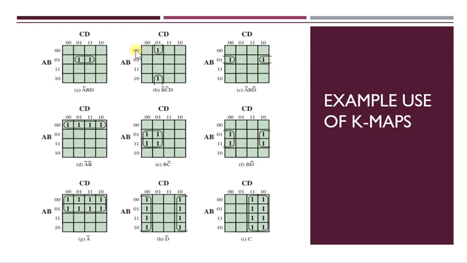In this case, looking at the AB variables 0, 0 and 1, 0, because this map falls under 0, 0 and 1, 0, we need to find bits that have no changes at all. So we take a look at the first variable, which is A: 0 here, and this one is 1.